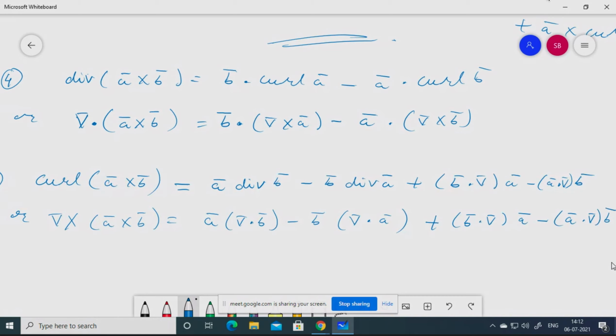Don't cancel these terms. Here the dot product A bar dot del and del dot A bar is not same.